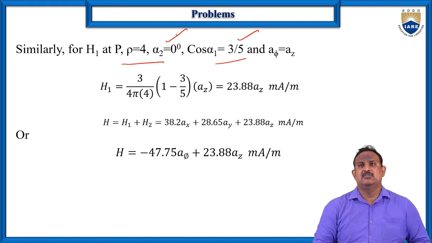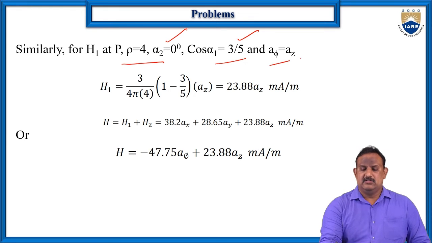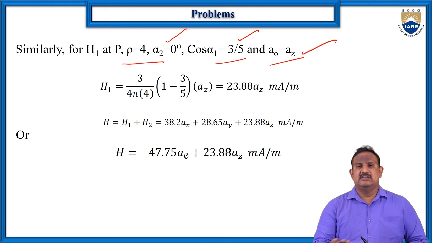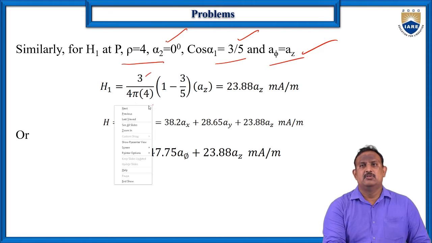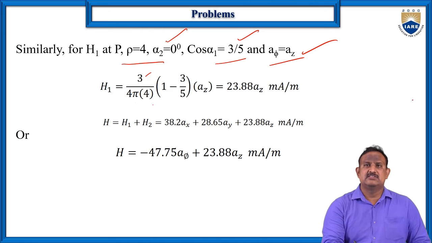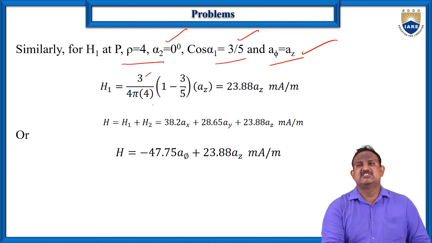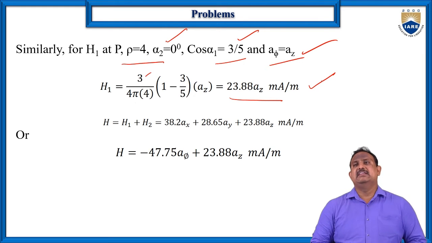If you substitute the same values in the expression, H1 is equal to I by 4 pi rho, where I is 3 and rho is 4, into 1 minus 3 by 5. It is cos 0 minus cos alpha 1, which is 3 by 5, into az. If you simplify this expression, we get 23.88 az milliamps per meter.